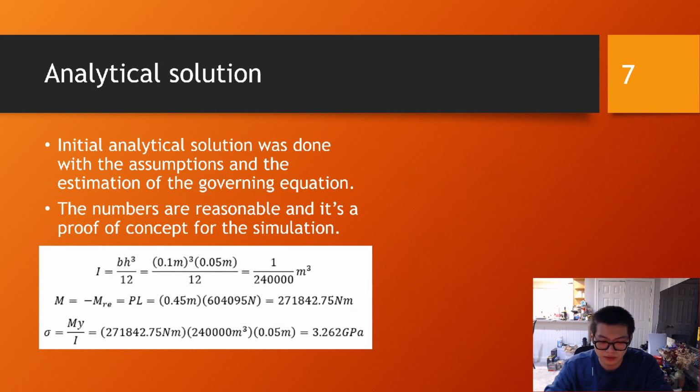I had time to do the analytical solution, and it proves the concept of how valid the assumptions and the model are. Based on that, since the stress is about 3.2 gigapascal, the value should be valid for the analysis.